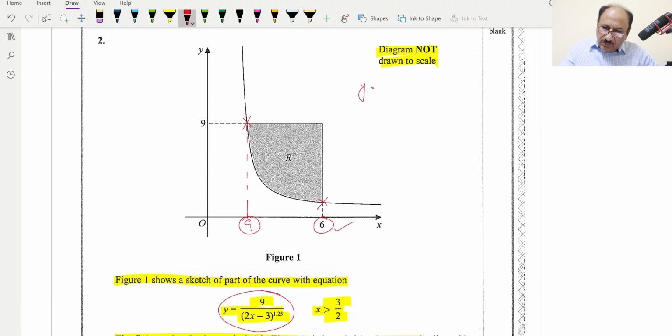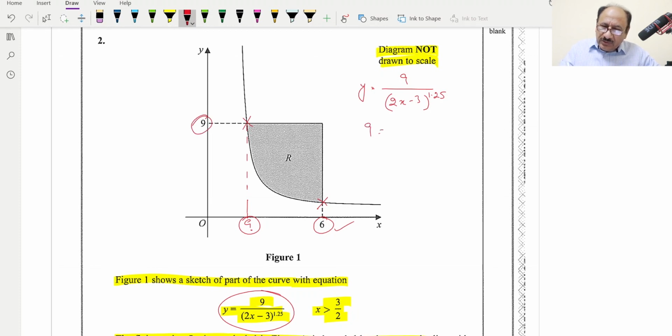Y is equal to 9 over (2x minus 3) raised to the power 1.25, and we can replace the value of y. We know y is equal to 9 for this point.